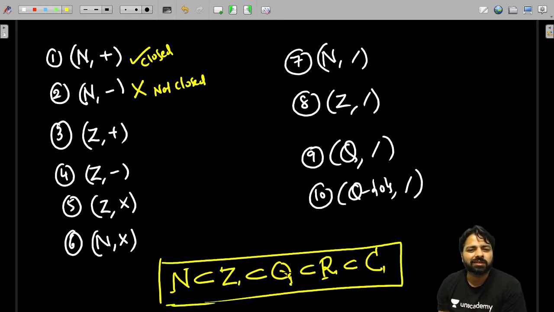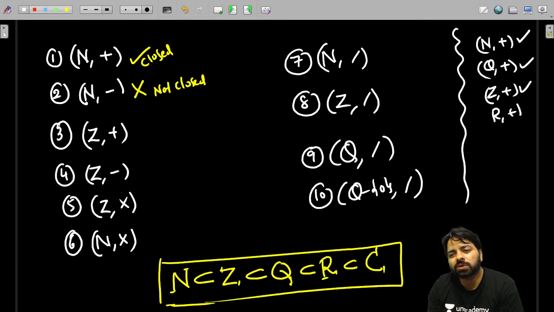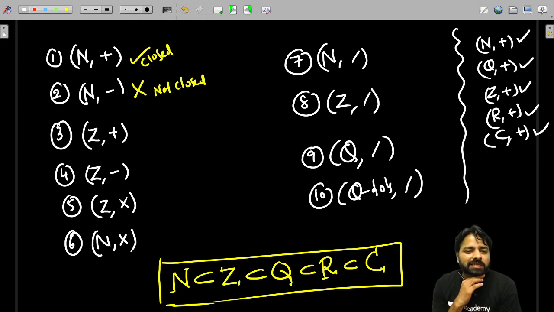When something is closed for natural numbers, blindly you can answer many things. Example, you said N comma plus is closed. Then blindly you can say Q plus is closed, Z plus is closed, R plus is closed, and C plus is closed, because they are going to satisfy properties like this. So you can apply this concept, but don't apply this concept in TOC.